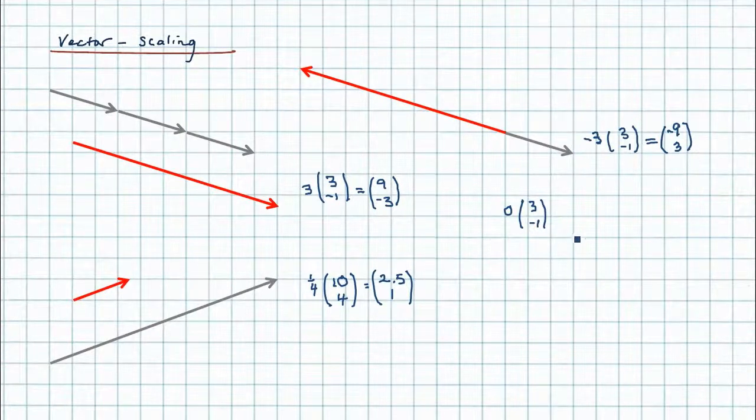What's going to happen? 0 times 3 is 0. And 0 times -1 is also 0. So we get a 0, 0 vector. And that's a result called the zero vector.